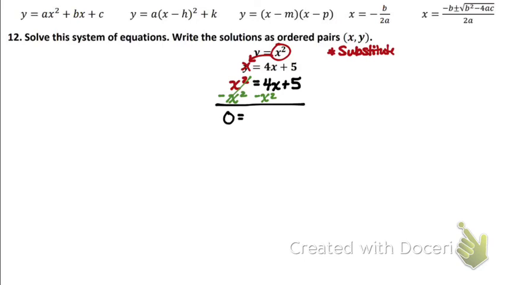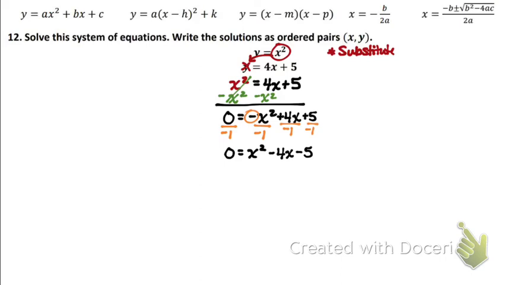So I get 0 equals -x squared plus 4x plus 5. I do not like it when this is a negative out here. How can I get rid of that negative? Divide everything by -1. So that's going to give me 0 equals x squared minus 4x minus 5.